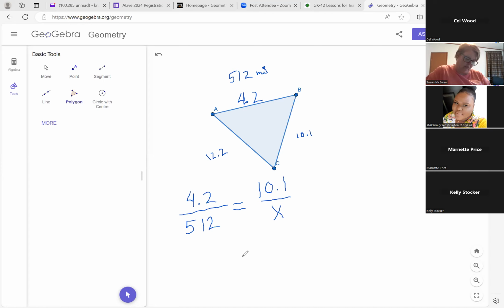That would be BC, correct? Yes. All right, and we'll just round to the nearest whole number. We'll say that that is corresponding to 1,231 miles.